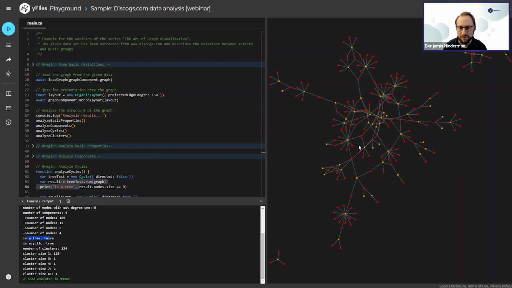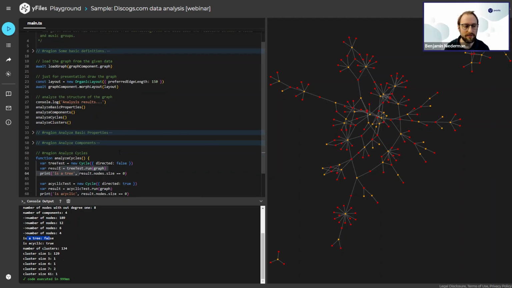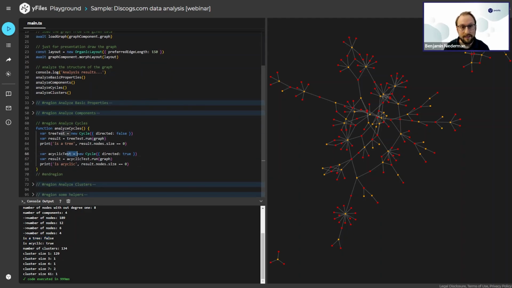And of course, by just looking at the image, we can also decide on this very easily. We can find cycles, but recall that typically in the very first phase when thinking about the data, you probably don't have a visualization, and then it's helpful to do this programmatically without visualizing it. The next test is whether the graph is acyclic, and here the trick is that I just say, okay, I'm only interested in directed cycles.